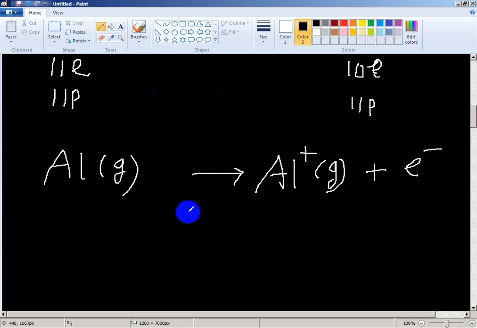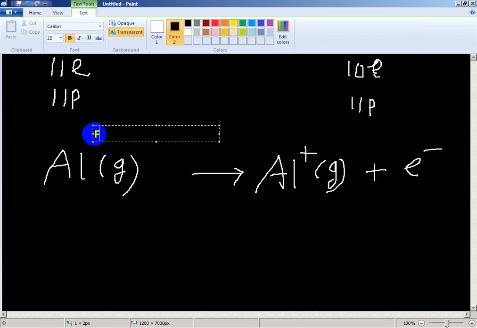What is this called? Is it first, second, or third ionization energy? First. Yes, this is the first ionization energy.